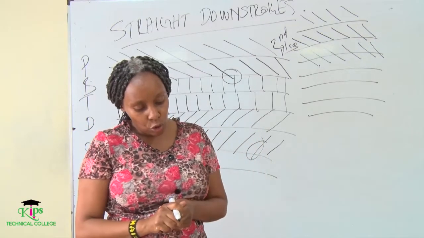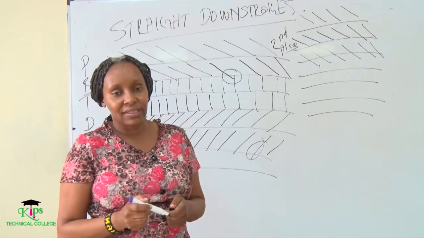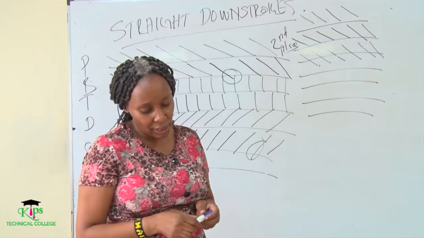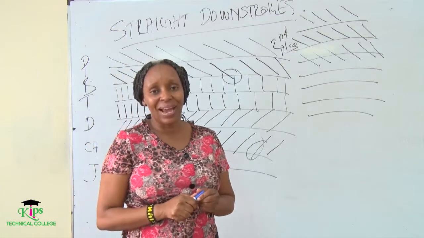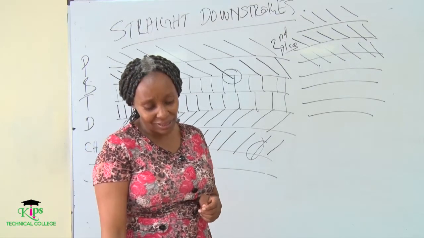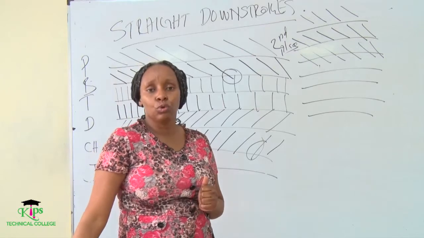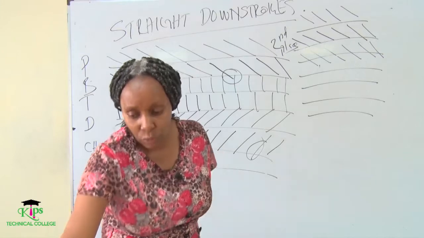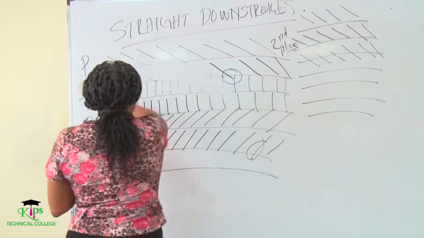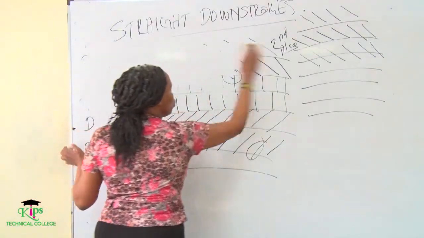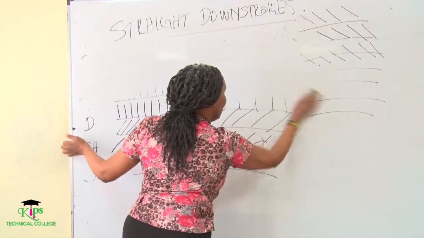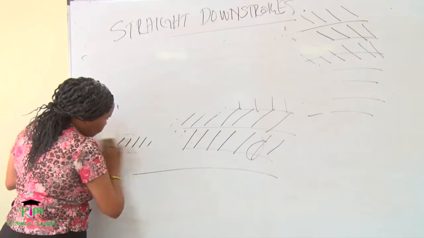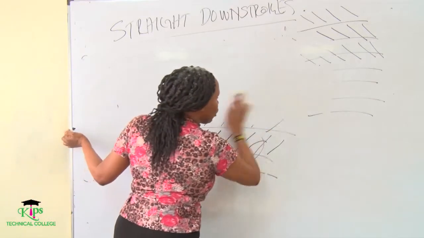What I would want you to do is the reading and writing practice. When you go into that assignment, I want you to ensure that you are able to do the assignment correctly.